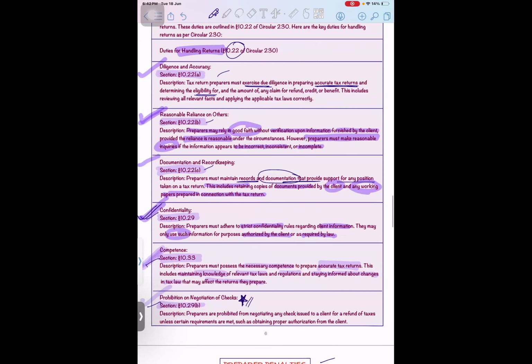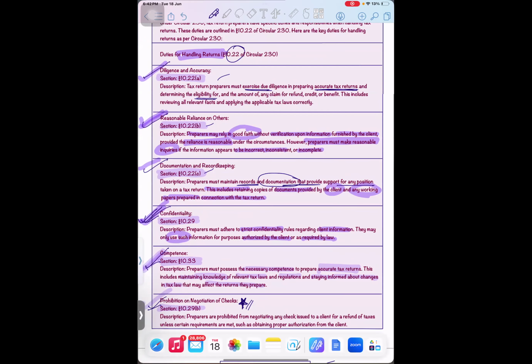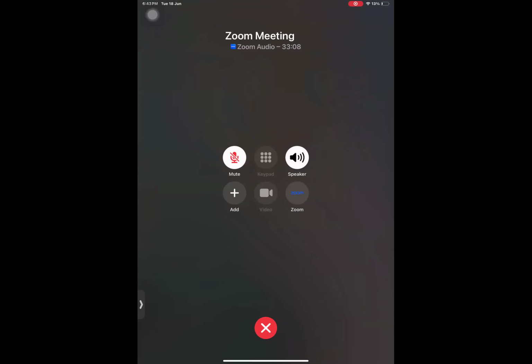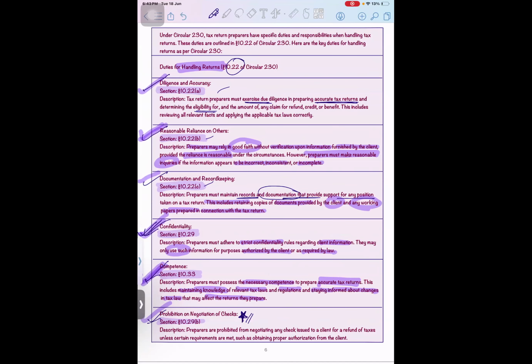And once there is a breach of any of these duties, please remember, one by one, each and every penalty will be based on this. All these types of duties you should remember, because we will link each and every penalty to these duties.